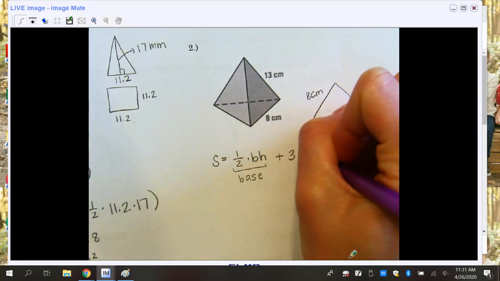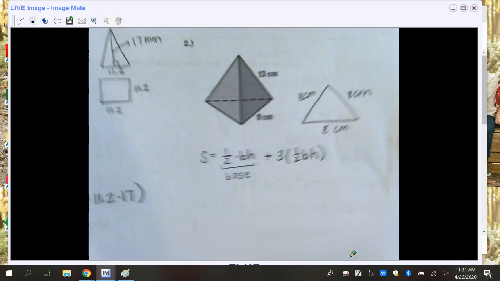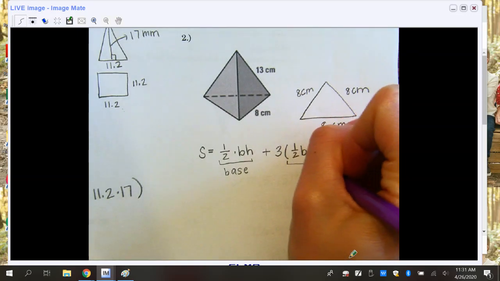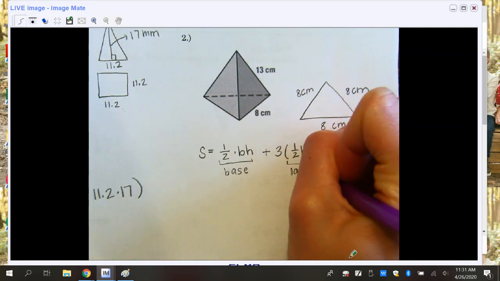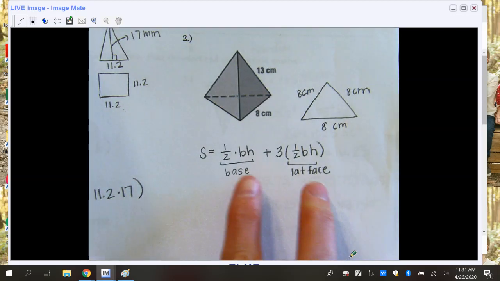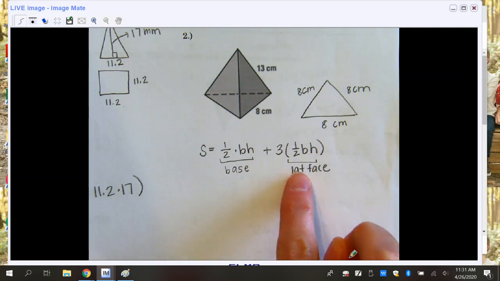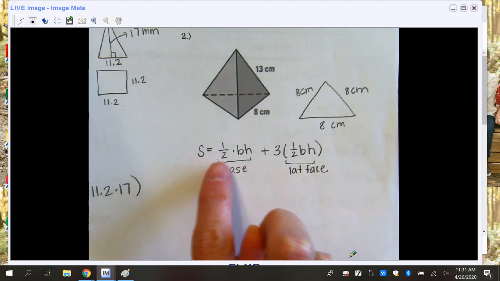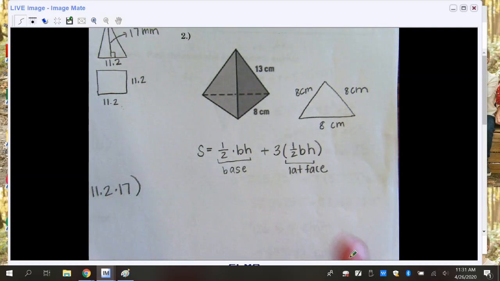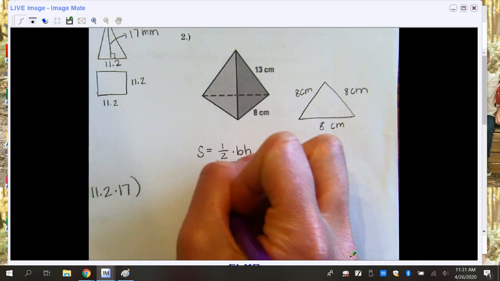So I've got 3 triangles that I also need to find the area for. So even though it's the same formula, because we're working with a triangular base and triangular faces, the parts of these will be a little bit different.